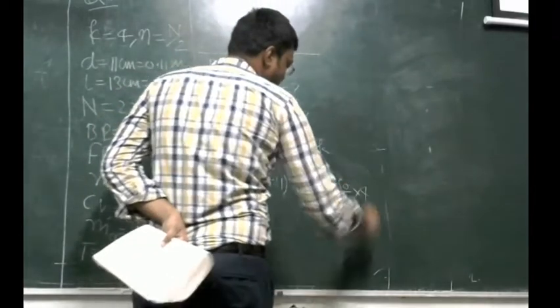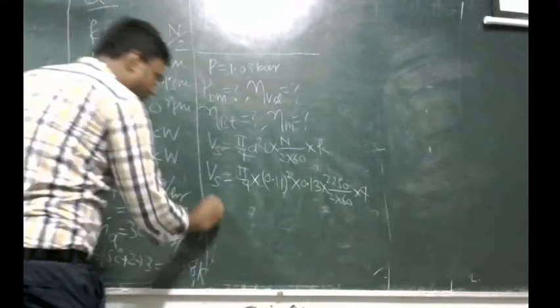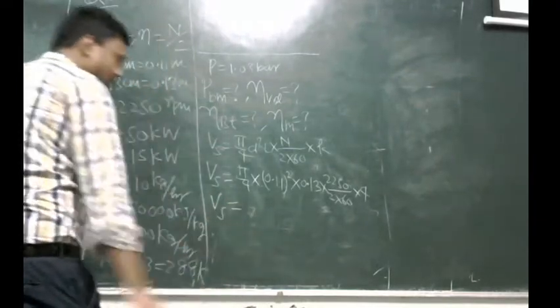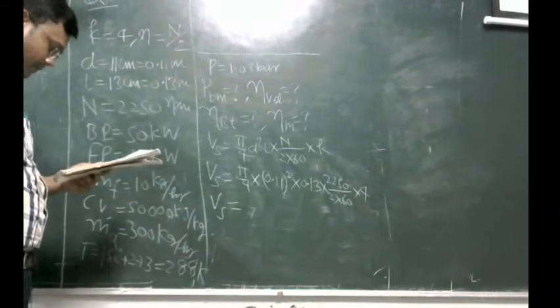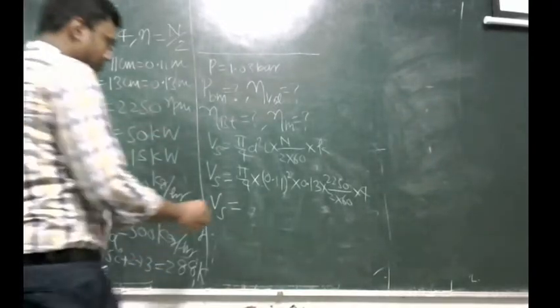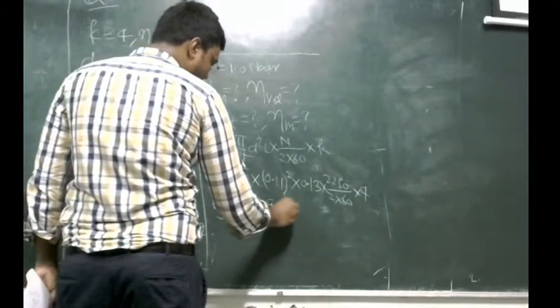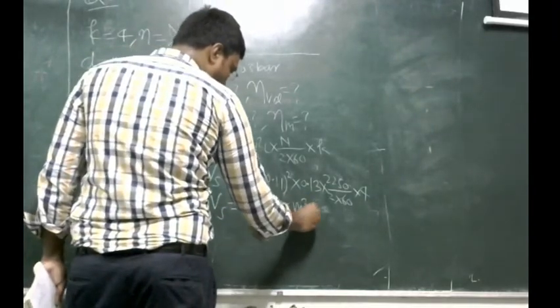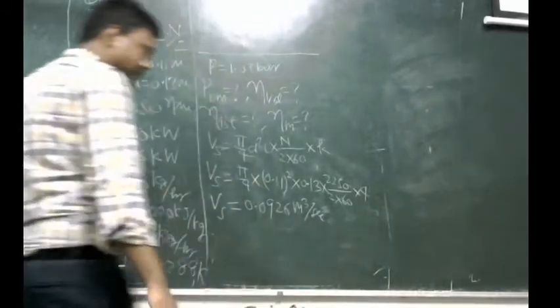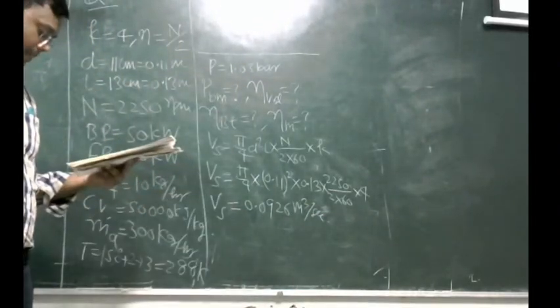This is a 4 cylinder engine. So we get Vs equal to 0.0926 meter cube per second. This is the value of Vs, stroke volume.